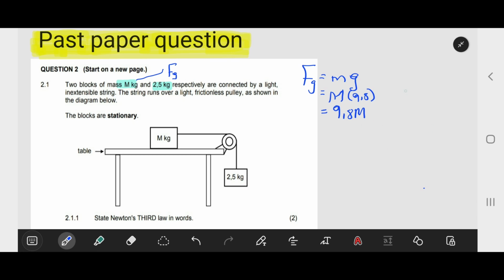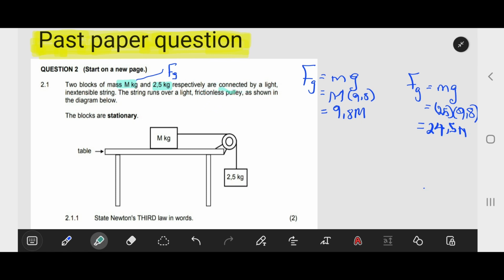And then if we were to calculate Fg for the 2.5 kg, that would be 2.5 multiplied by 9.8, and that would be 24.5 newtons, downwards. All right, so let us continue with the statement.